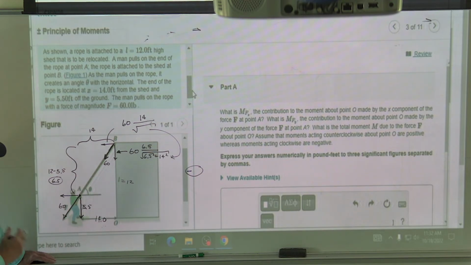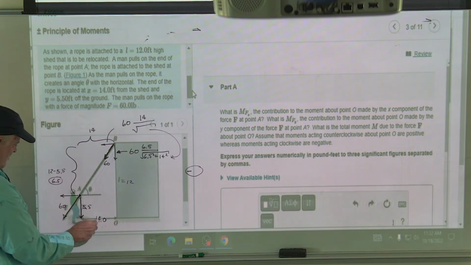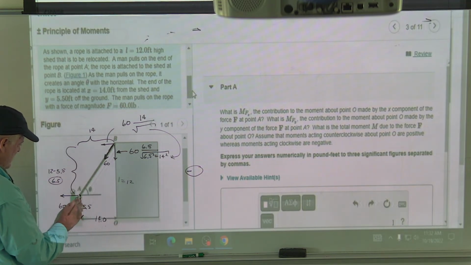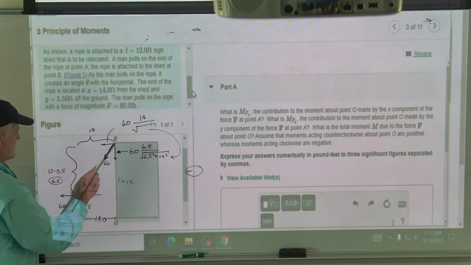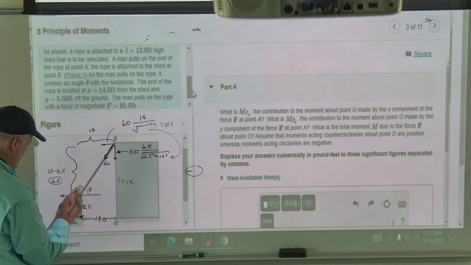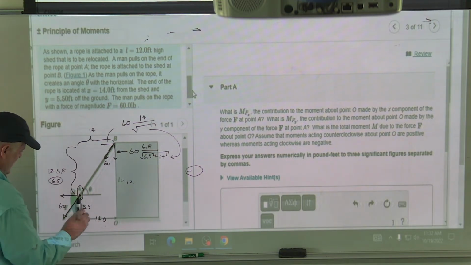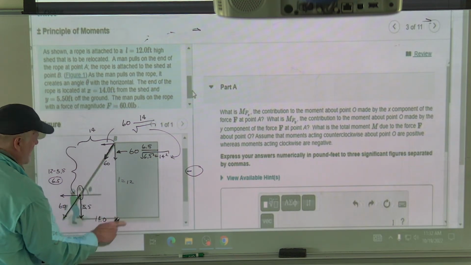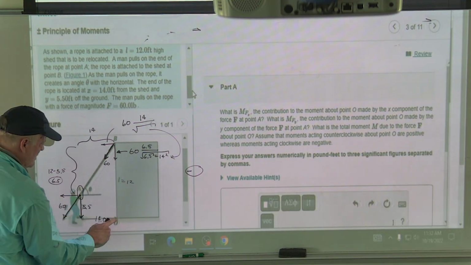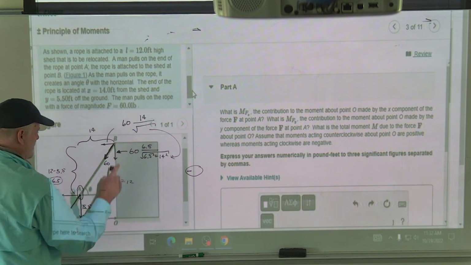Because one person is going to say, hey, there's 5.5 times 14, and that would be the moment. Hey, wait a minute, but transmissibility, did he state that it has to be applied at A? Okay, so think about this. If I move this back, and I consider it here, the moment is actually 12 times this component.